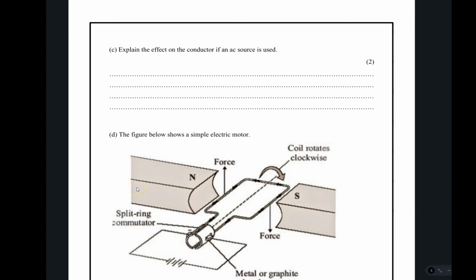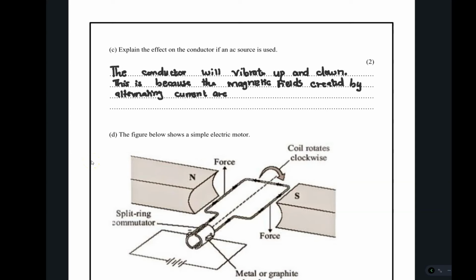So the conductor will vibrate up and down, and this is because the fields created by the alternating current are constantly changing size and direction. So the conductor will vibrate up and down. Now we're going to talk about this simple electric motor.